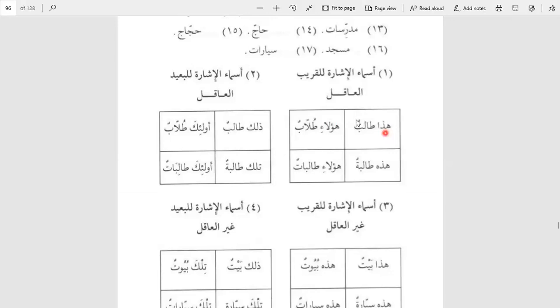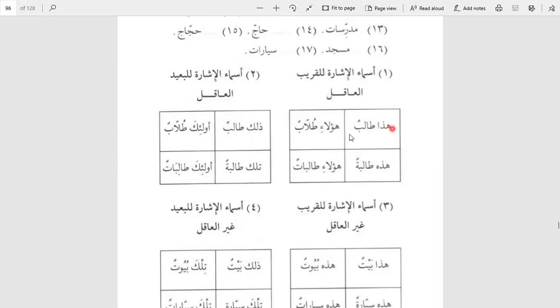Let me just emphasize again on this and say هذا طالب. Anything that is human is akil. So we say هذا طالب. This is a student. هؤلاء طلاب. See, you use هؤلاء for طلاب.